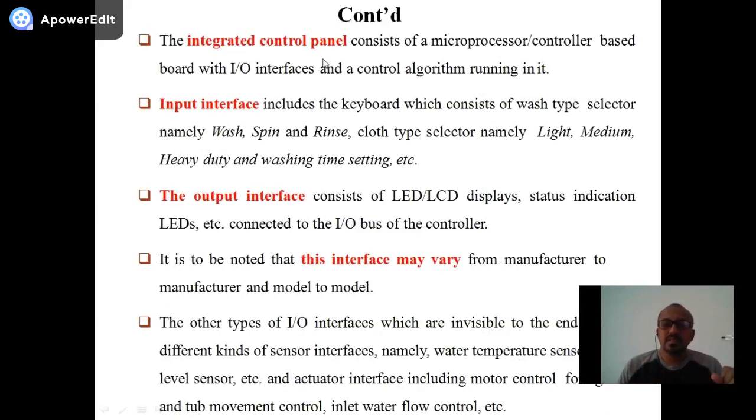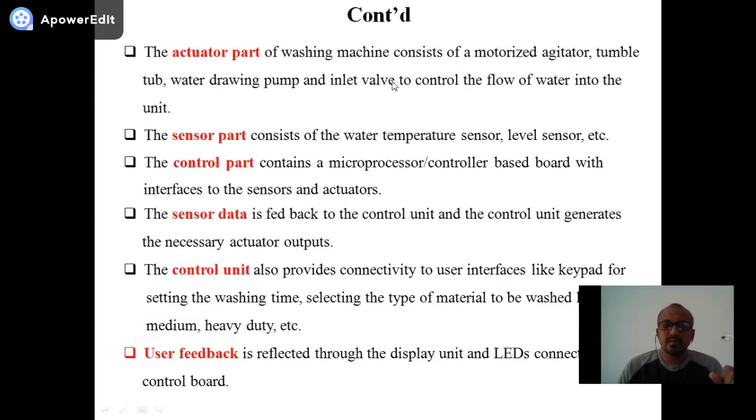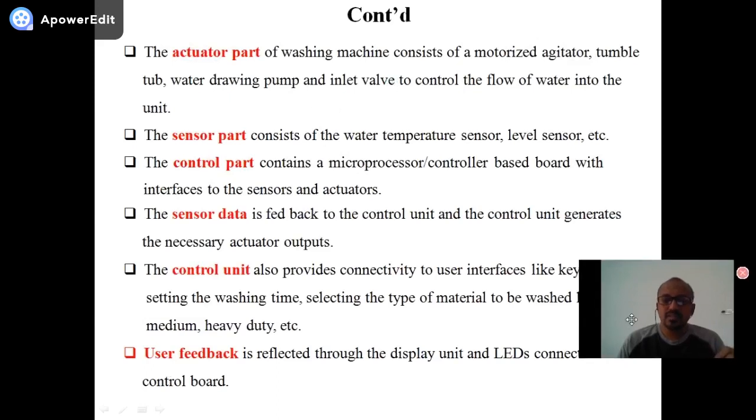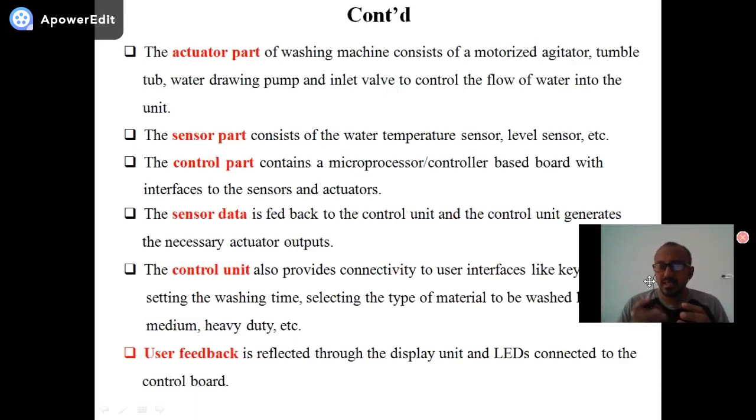So that's the integrated control. The actuator part of a washing machine consists of a motorized agitator, tubes and water drawing input, that is called the inlet and outlet. The sensor part consists of a water temperature sensor and a water level sensor, and the control part, as I explained, the embedded control unit, is built around the processor.